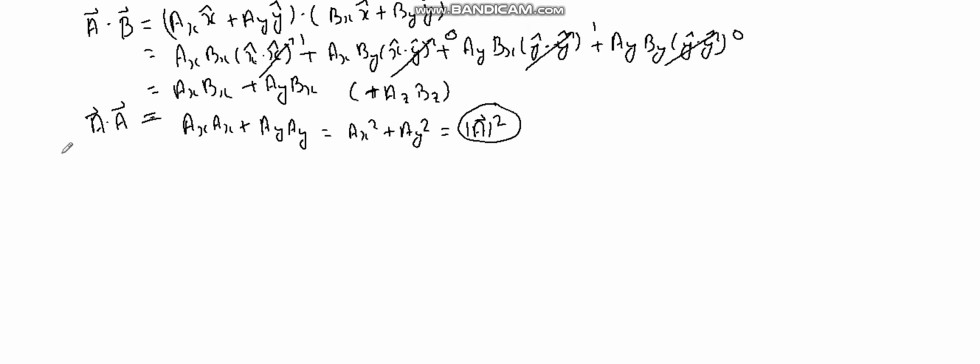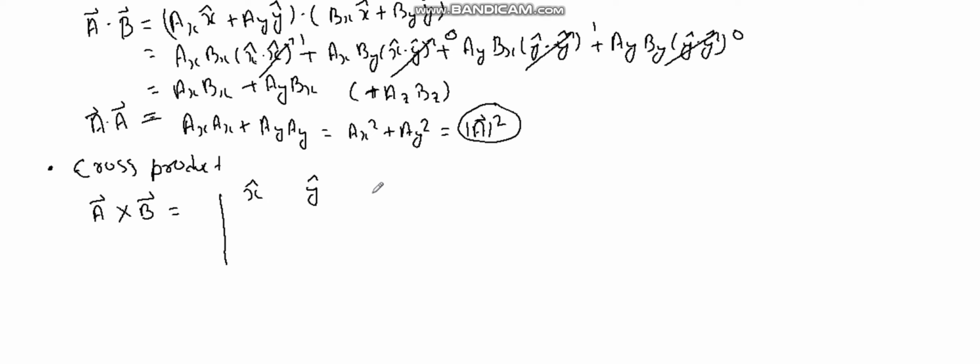Now let's come to the third operation of the vector, which is the cross product. So we have vector a cross b. What will we get? We can write it in the determinant form with x cap, y cap and z cap, then ax, ay, az, and then bx, by and bz.